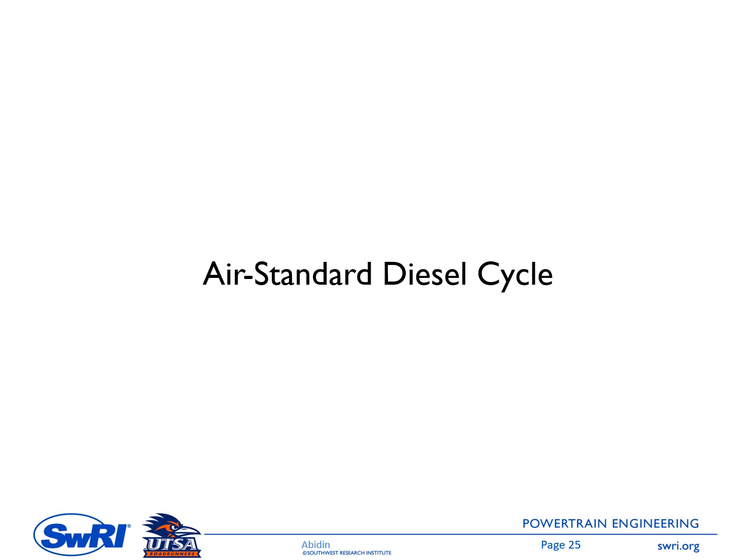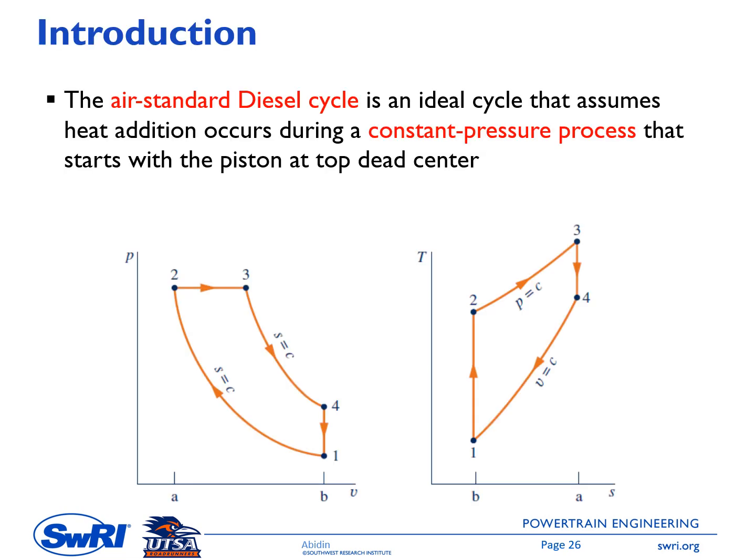The next topic is the air standard diesel cycle. So this standard diesel cycle is the reference cycle for a diesel engine cycle. The air standard diesel cycle is an ideal cycle that assumes heat addition occurs during a constant pressure process.